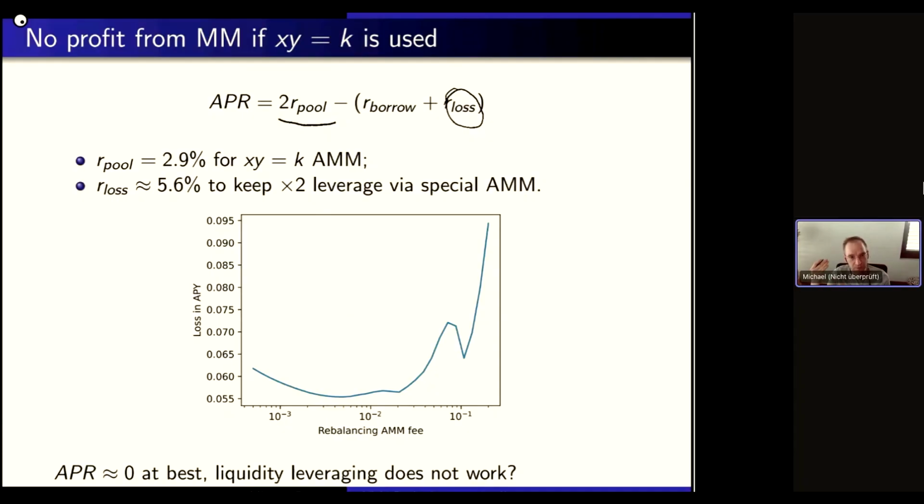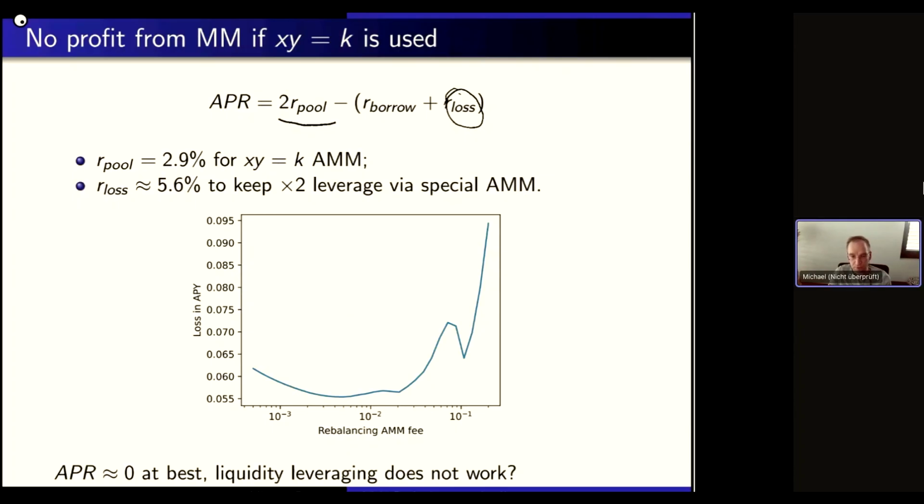When we do that, we actually experience some losses, or maybe it's good to call it volatility decay, because the higher the volatility is, the higher this loss is. And if we actually apply this method to Uniswap 2, to the xy equals k AMM, then it appears that what we lose over here is equal to what we earn over here.